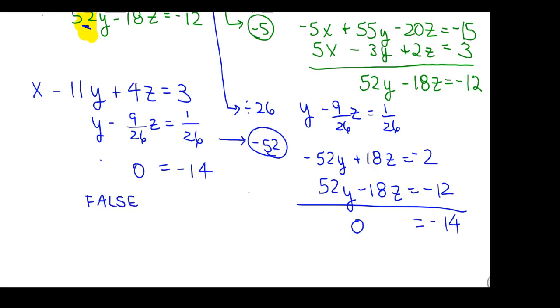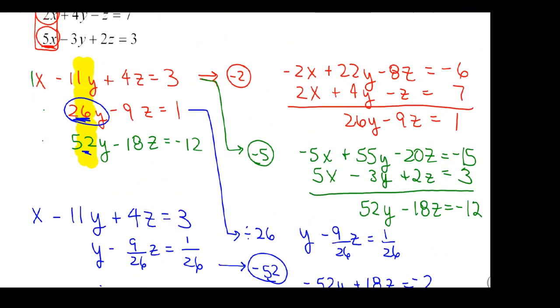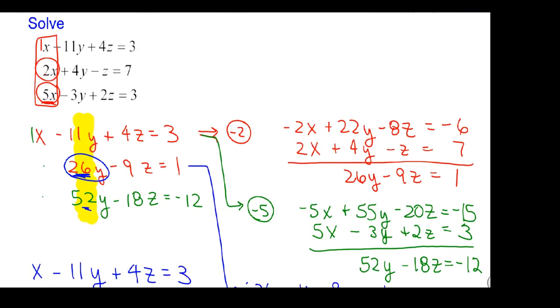That indicates that this system has no solution. An equation involving 3 variables represents a plane. So what this means is these 3 planes that we started with do not have a common point.